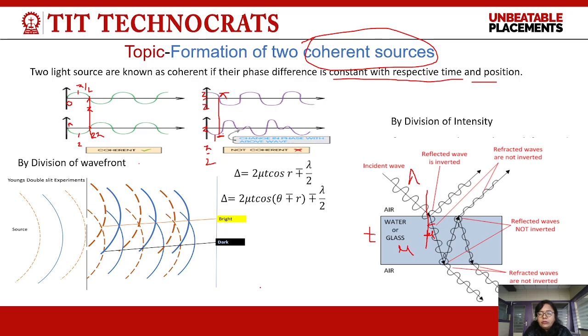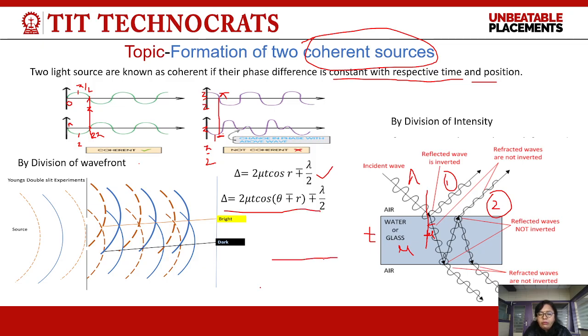So this is the path difference between the first wave, which is reflecting from the upper surface of the thin film, and the second wave, which is coming after the reflection from the second surface of the thin film. This is the path difference for the parallel film.